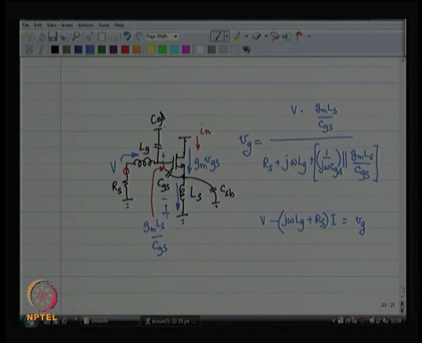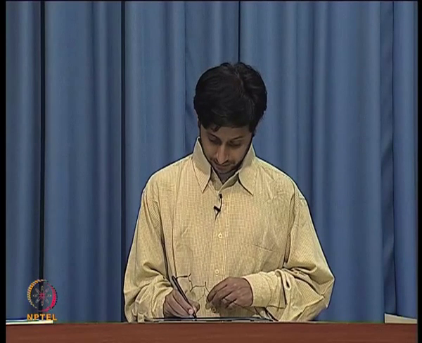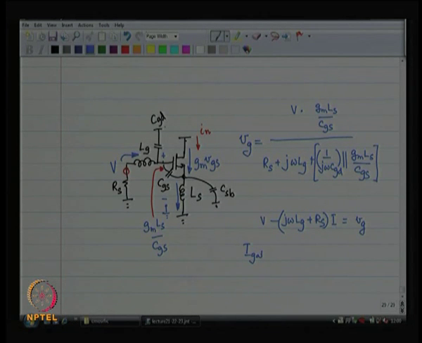Of course, CGD is also part of the show over here. So, it is very easy to compute I gate from this. I gate is really I times 1 by j omega CGD divided by 1 by j omega CGD plus Gm Ls by Cgs.